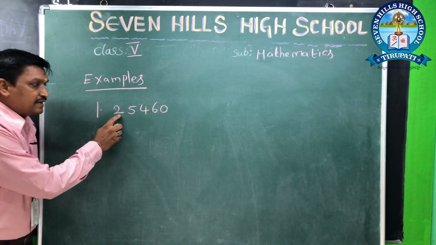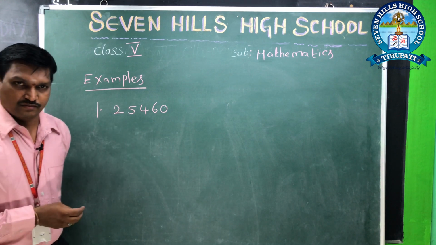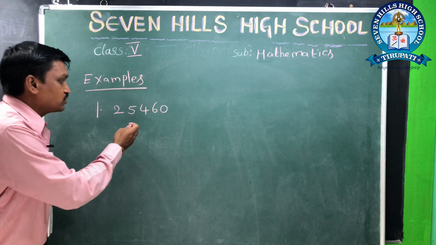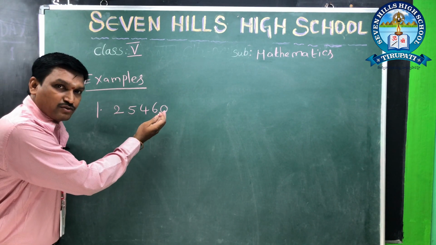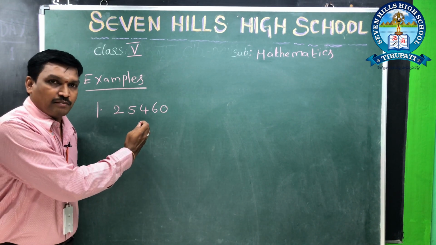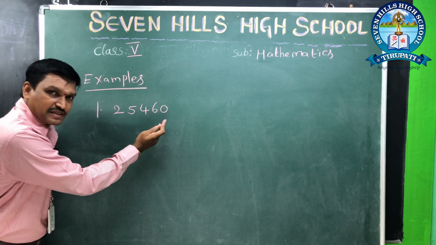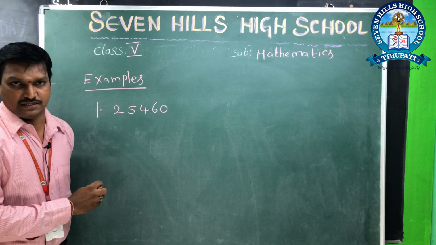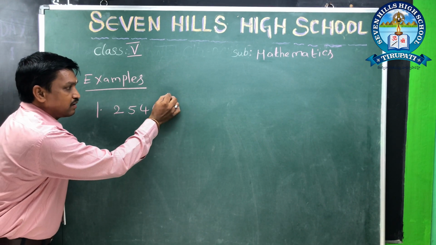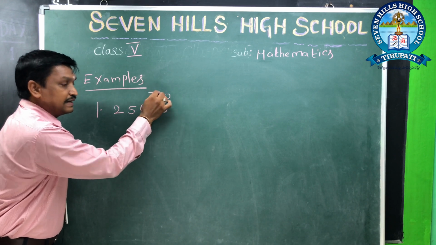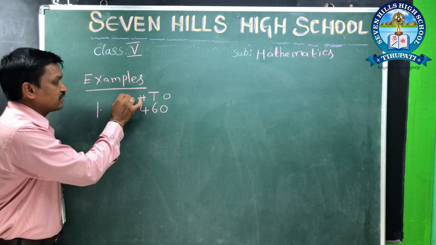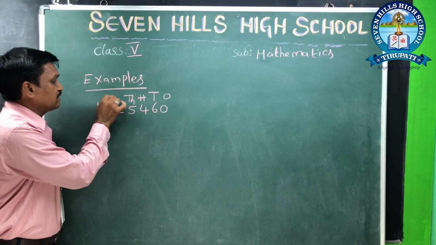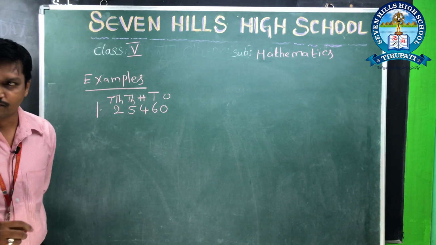See here, it is one large number. We don't know what the number is. By using the Indian system of place values, we can separate it by using commas. Here: ones, tens, hundreds, thousands, 10,000s.